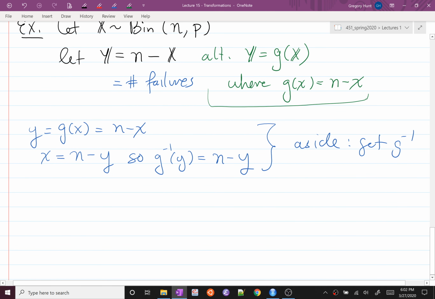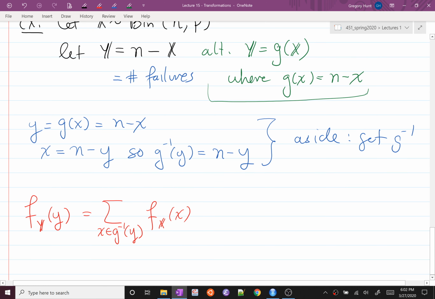And from here, what I want to do is get my PMF for y. I have x, I know it's binomial, I know what my function is. What is the distribution of y? Well, what's the PMF of y? So my formula says I can sum over all x's in this inverse image of little y, and I'm going to sum the corresponding PMF at those values.